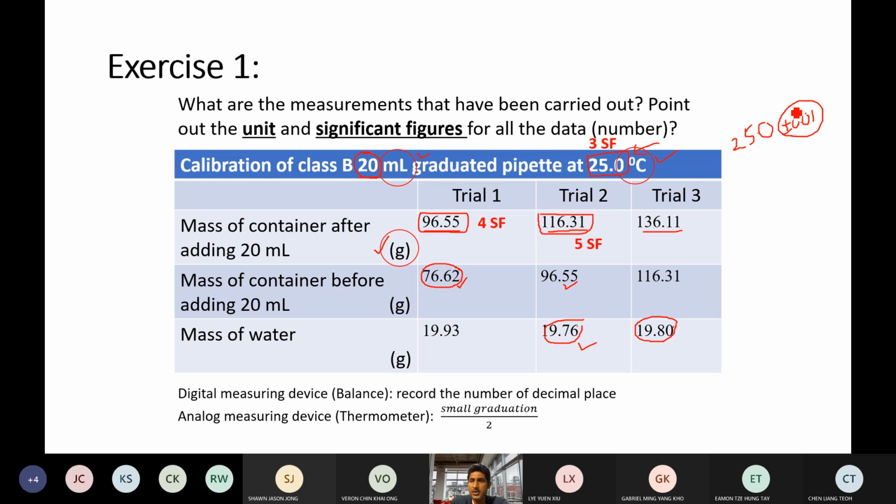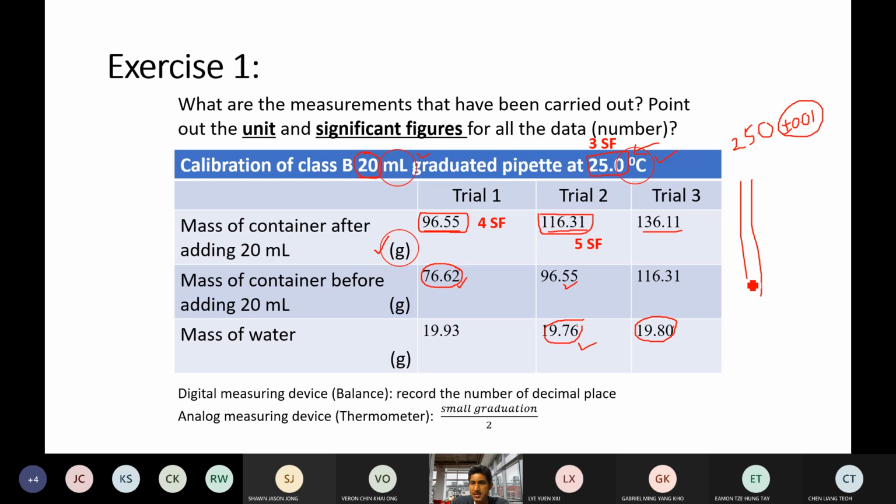Of course, it will be based on the digital thermometer specification. The digital thermometer, or the digital balance, will tell us what the uncertainty is for this temperature measurement instrument. But if it is not digital, if it is an analog one, what we will do is look at the small graduation between them. Let's say that this is a thermometer, right?